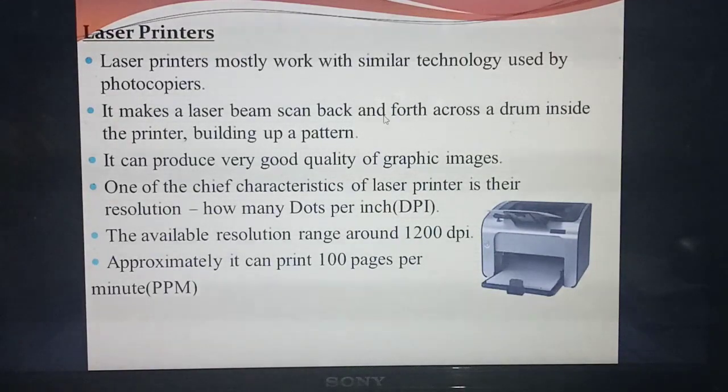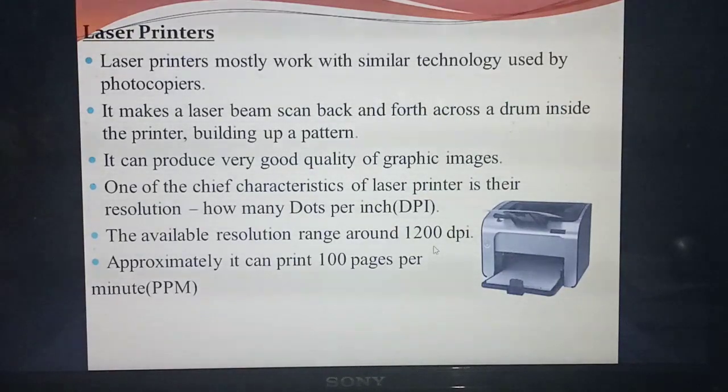One of the important characteristics of a laser printer is DPI, dots per inch. You have studied CPS, characters per second. Likewise here the important feature is DPI. The resolution of this laser printer is around 1200 dpi, that is 1200 dots per inch.